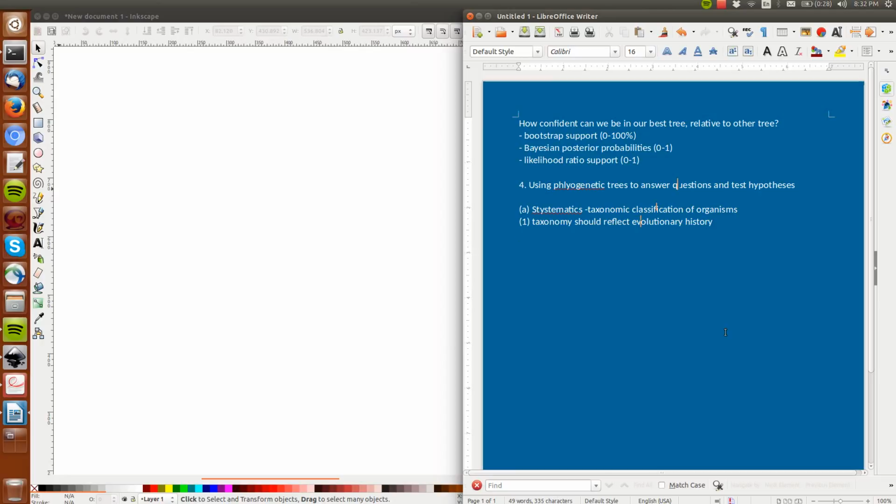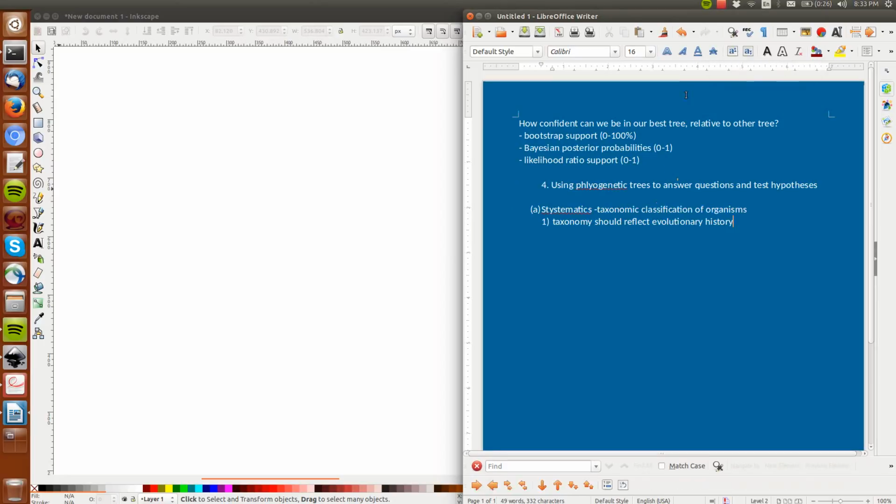And just in case you're not familiar with that, a monophyletic group, or clade, just in essence another word for group in this context, consists of an ancestral species and all of its descendants.